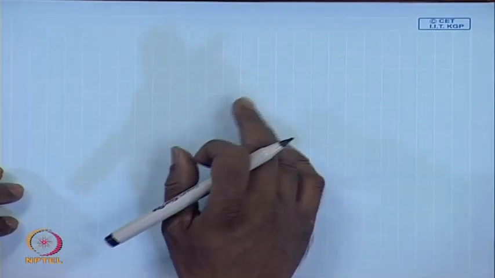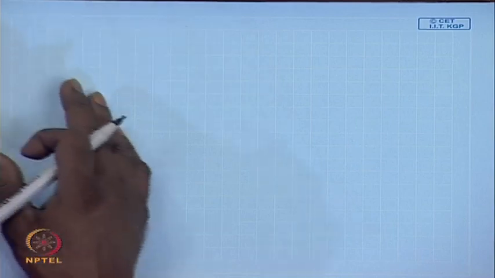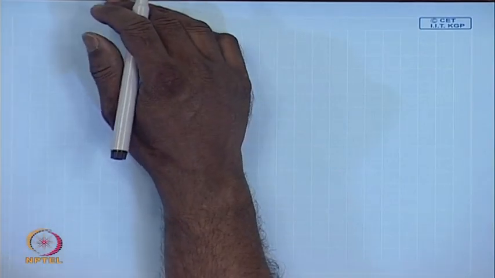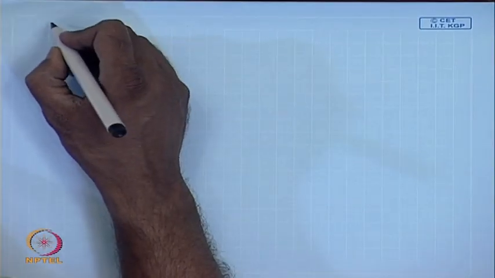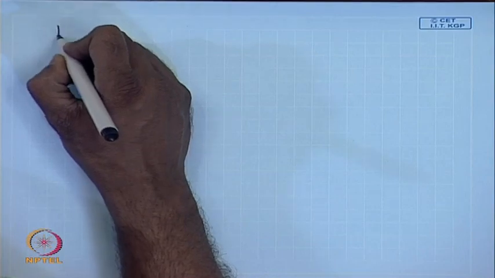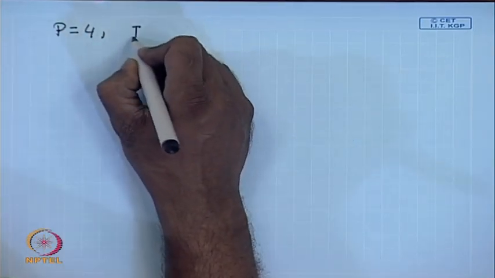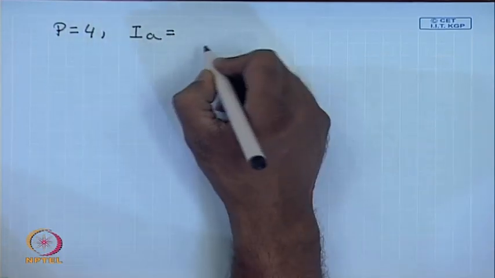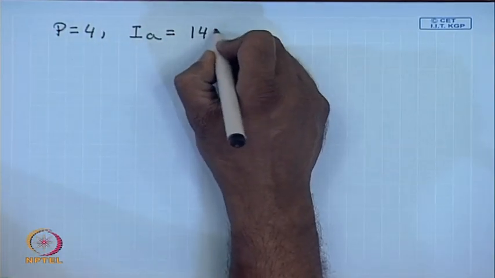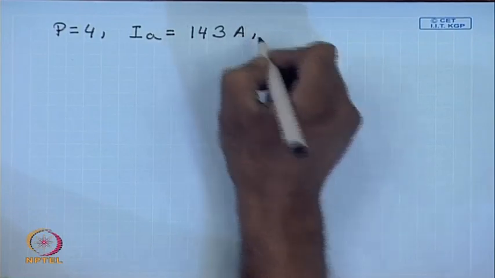Now, let us look at the problem of commutation. Let us say that we have a 4 pole machine which carries a full load armature current IA of 143 amperes.